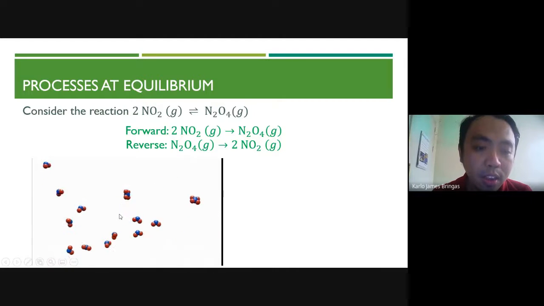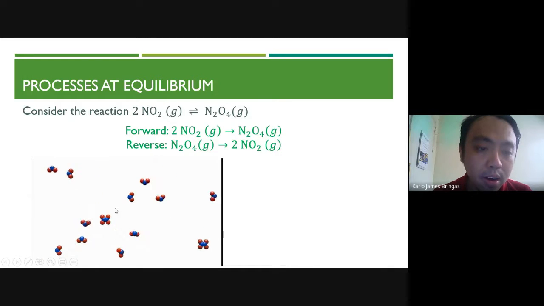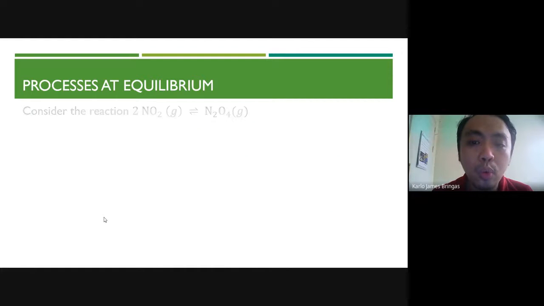Now let's look at the reverse reaction. Let's just wait for the arrow to appear on the screen. Okay, combining again. So this one, you have N2O4. Let's see what happens to this one. It broke apart. So it formed again the NO2.